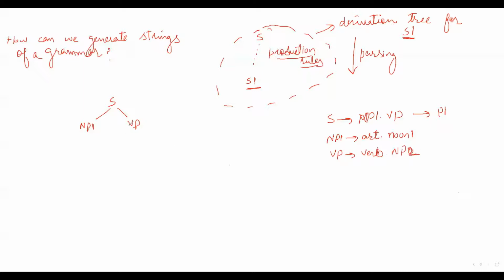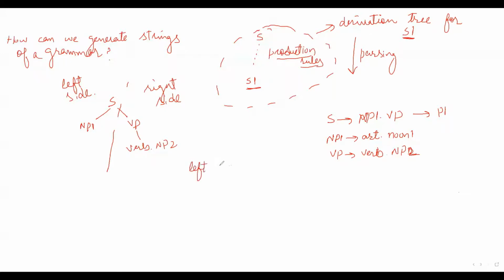Now here there are two schemes. Either I can write verb phrase as, for example, verb dot noun phrase 2, so I will first complete the right side, then I will complete the left side. Or in other words, I can first complete the left side, then I will do the right side using these production rules. So we can say that for the derivation tree, there are two possibilities.